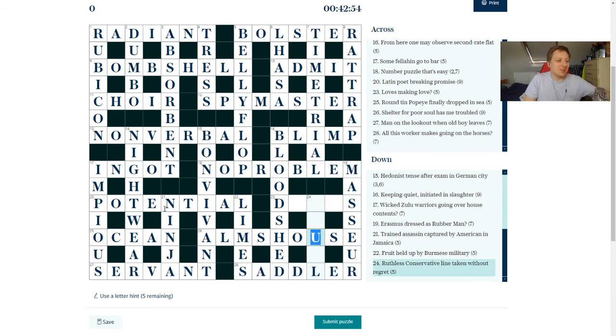24 down, 2 minutes. Oh my goodness. Ruthless, conservative line taken without regret. Conservative is C, line is L, and both are taken without, so you put it outside regret, which means rue.